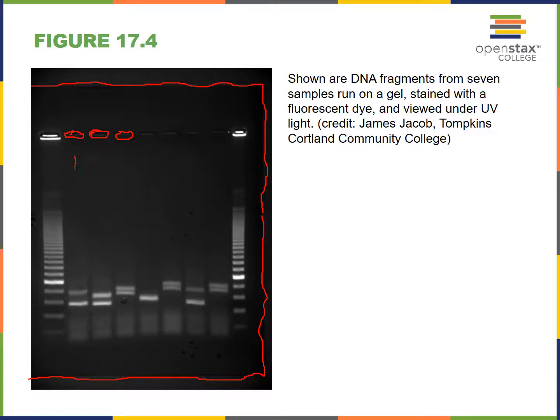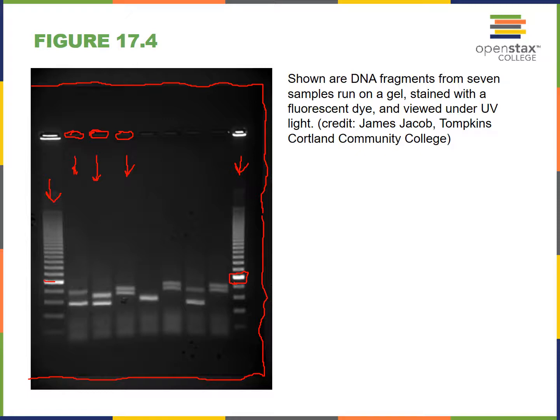So each of these lanes has a DNA sample. It looks like it's been cut by some sort of restriction endonuclease. And then these lanes on the outside have a ladder. This ladder has different bands at known sizes. I'm willing to bet money this super bright one right here is 1 kilobase, so it'd be 1,000 base pairs.